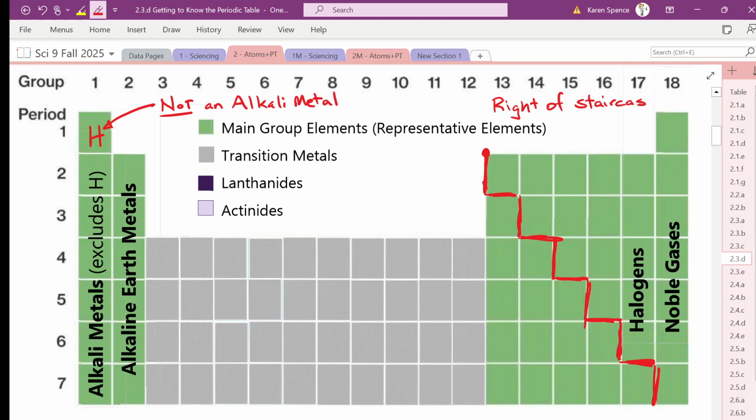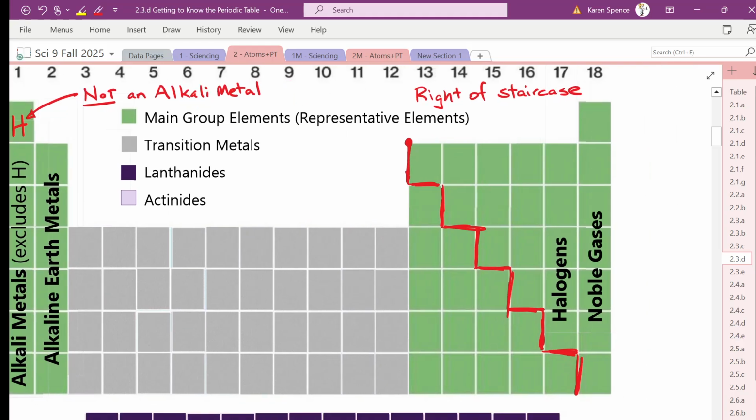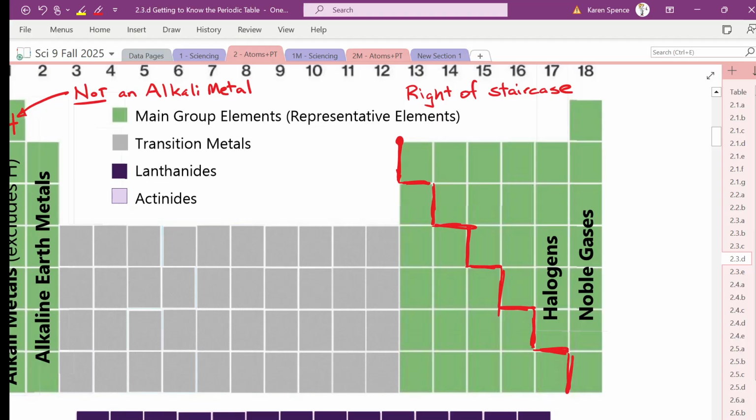To the right of the staircase, we have noble gases, we have halogens, but the entire set of elements, all the ones over here, those are all non-metals. That must mean that to the left of the staircase are all metals.